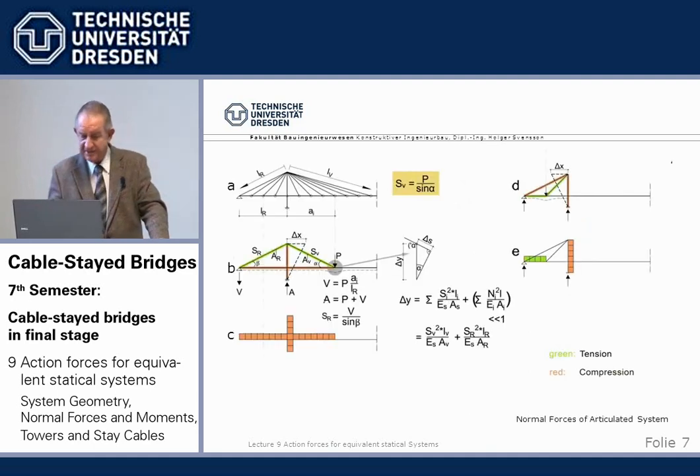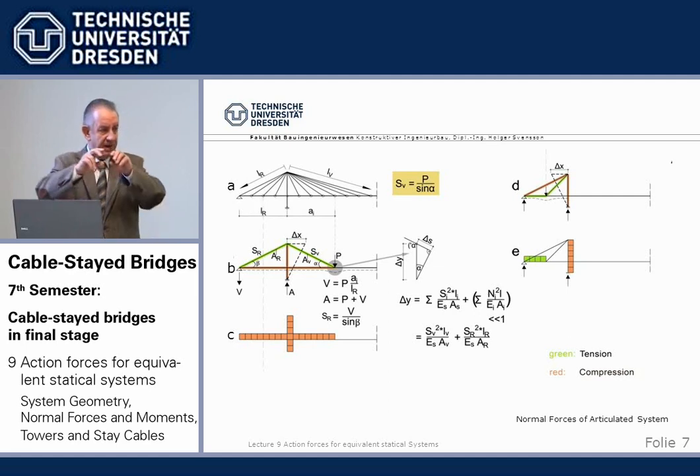Now, for that, we use a very simple, statically determined system, which we call an articulated system, articulated insofar as we place hinges in the beam at every cable anchorage point. So we have a hinged system. The beam moments are 0 with the hinges.